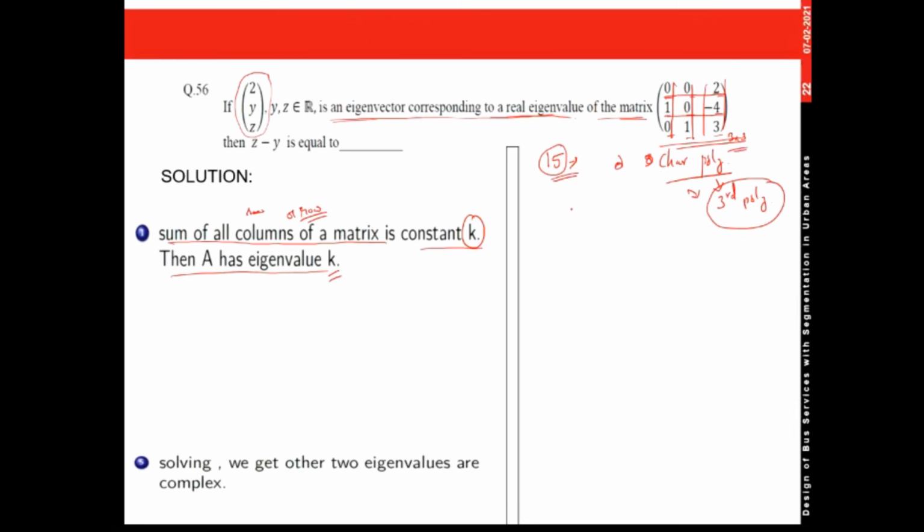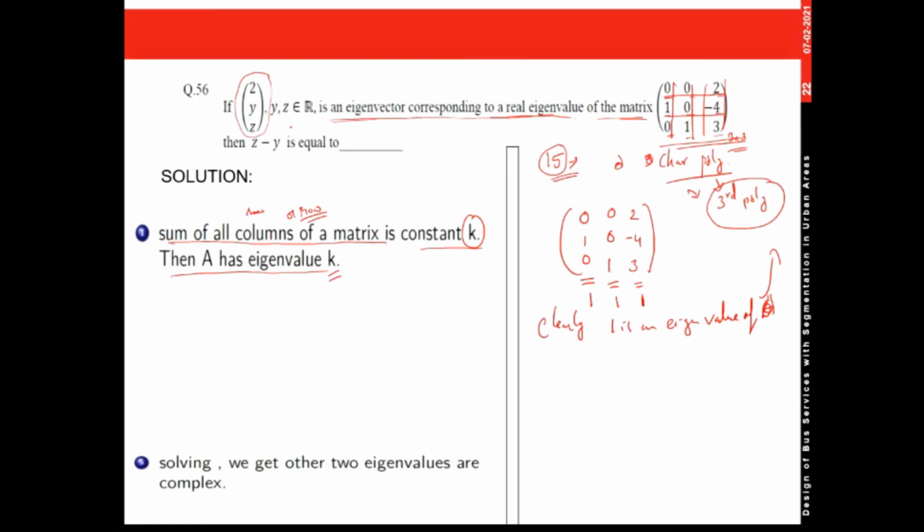For example, here the matrix is 0, 0, 1; 2, minus 4, 3. The sum of the first column is 1, the second column is 1, and the third column also. So clearly 1 is an eigenvalue of this matrix. Okay.